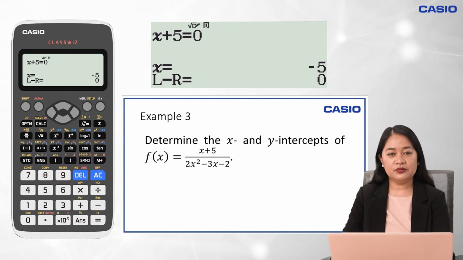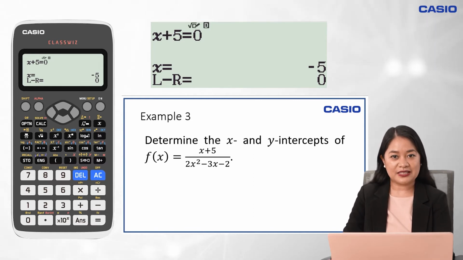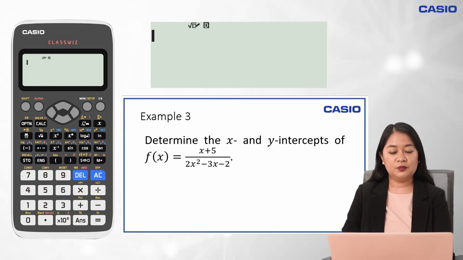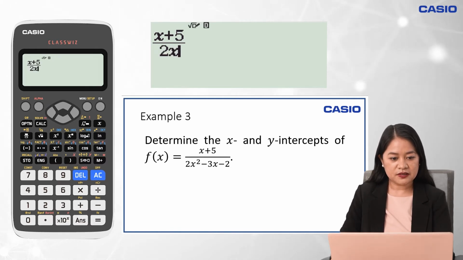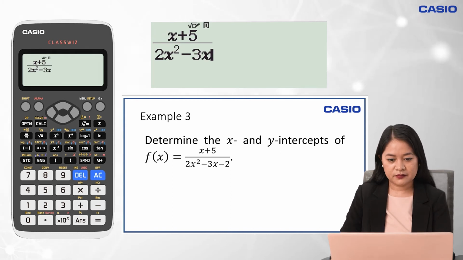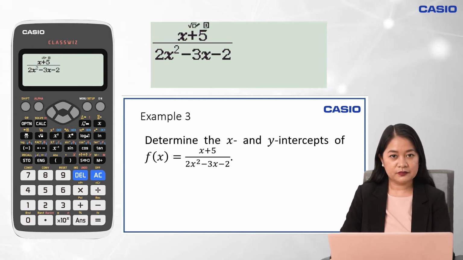Next, to identify the y-intercept, substitute 0 to x of this given rational function. Using CASIO ClassWiz, the calculate menu is needed. Input the rational expression. We press fraction key, x plus 5, right arrow key, 2x squared minus 3x minus 2.